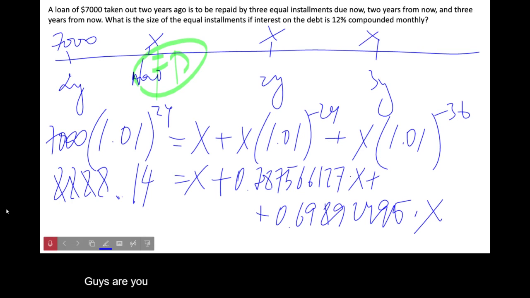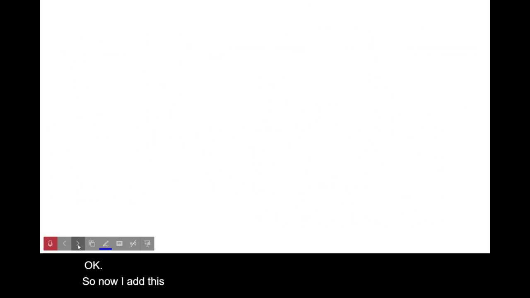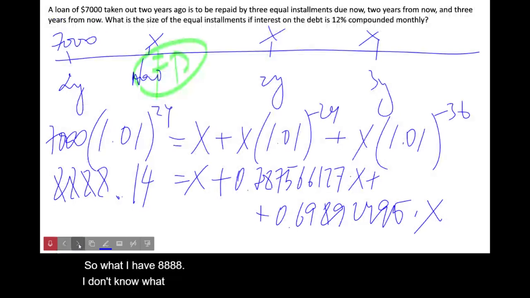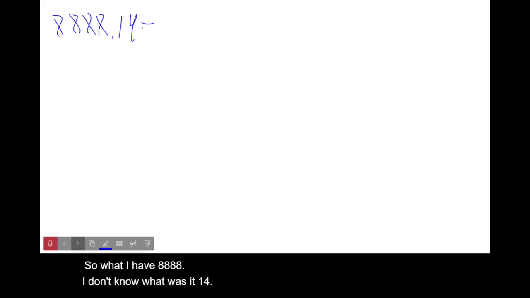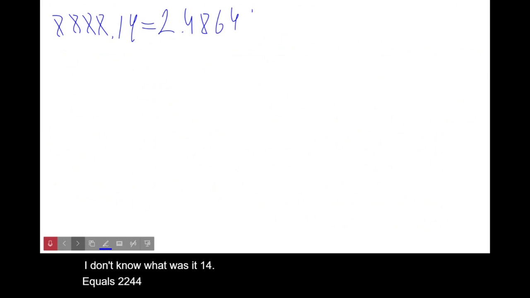Guys, are you ready? Okay. So now I add these coefficients together. So what I have, 8, 8, 8, 8. What was it? 14 equals 2.48649107 times x.